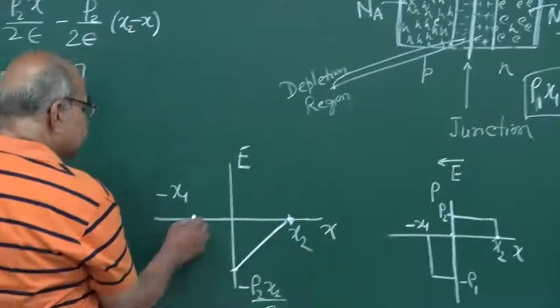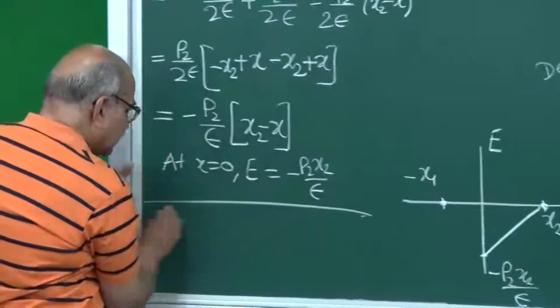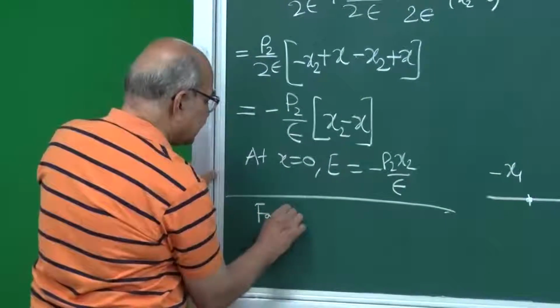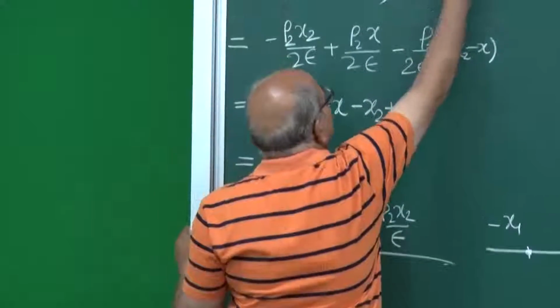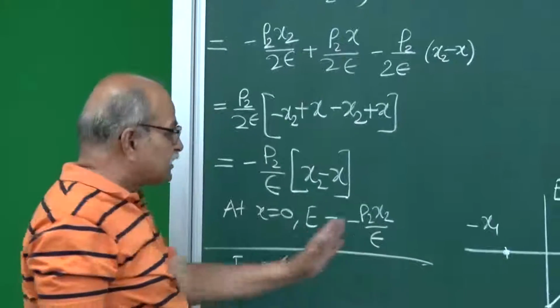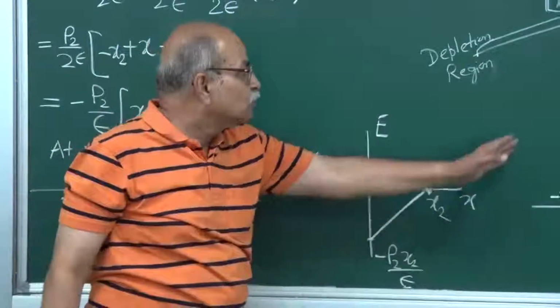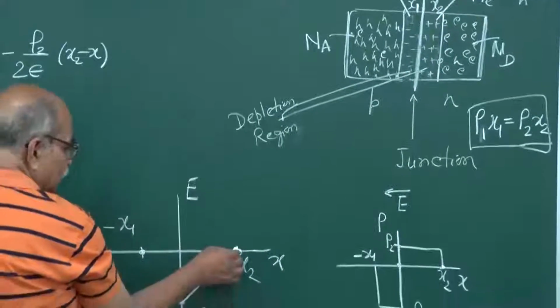So the electric field will be 0 here, and so this is for x less than 0. This was for x greater than 0 in the depletion region, remember. After the depletion region, after x2, there is no electric field, and this electric field just goes like this.